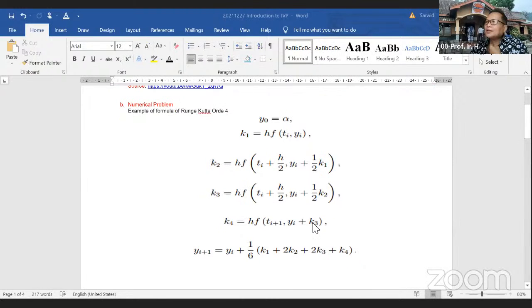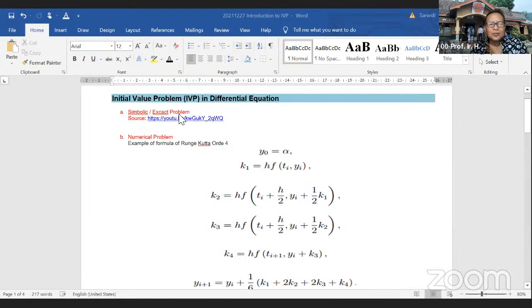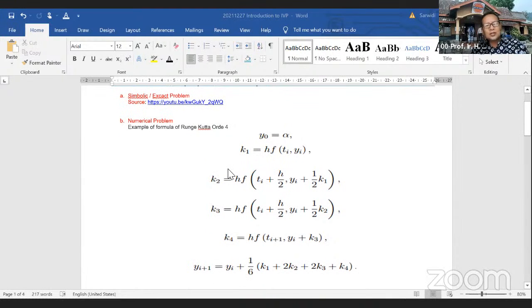Also, for example, this one. I used this exact problem from videos, the source from YouTube, and for the numerical problem I used Stanford University sources. This is an approximation, and maybe it's not so clear, but at least you know about this initial value problem.